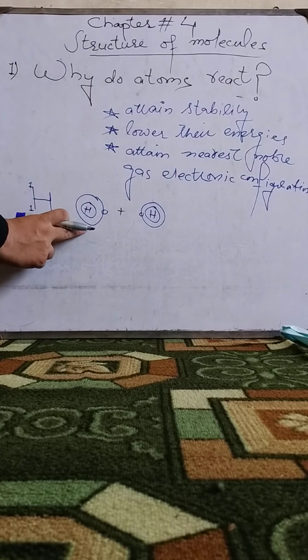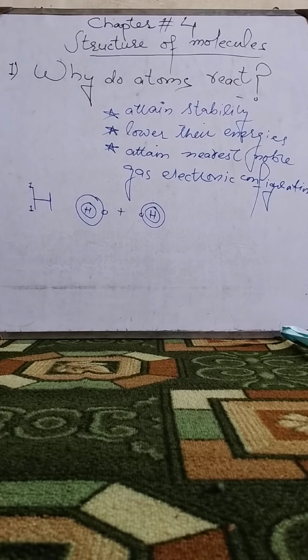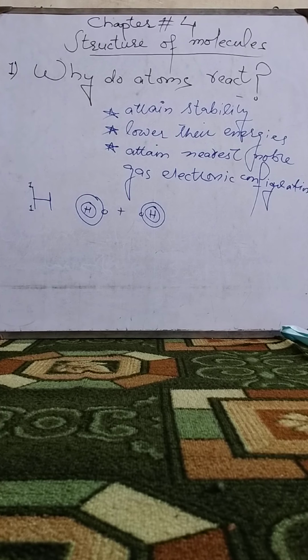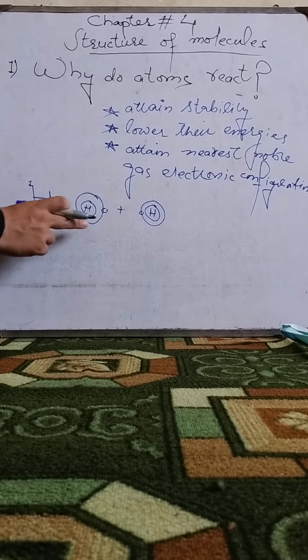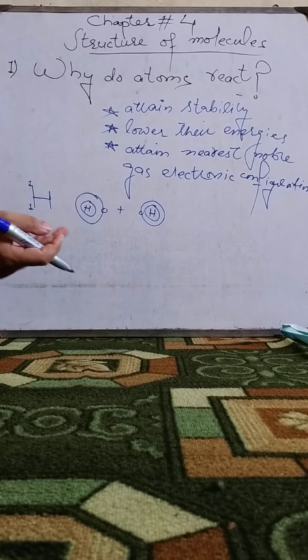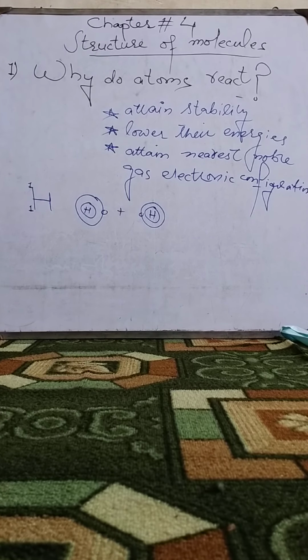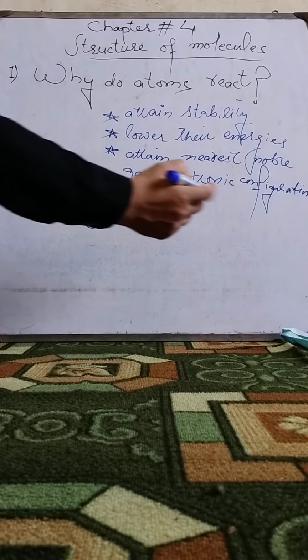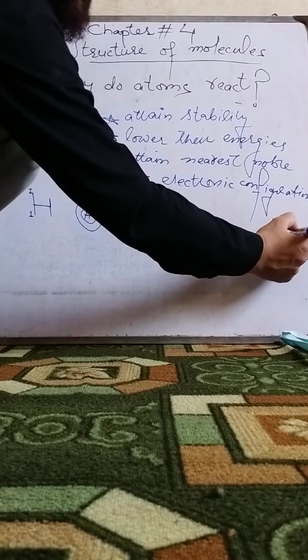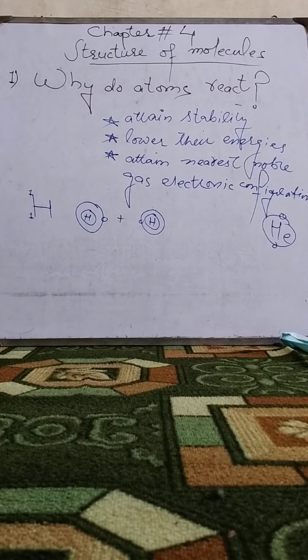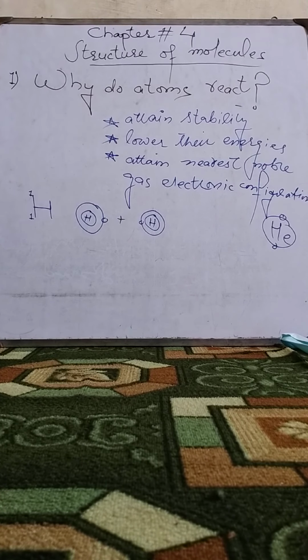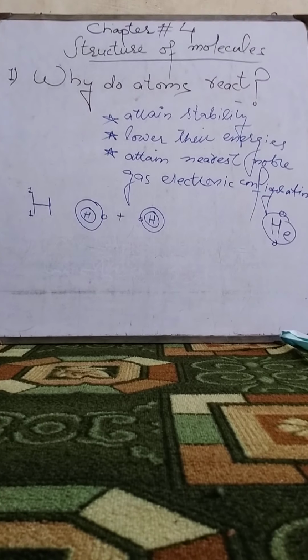Similarly, it wants to lower its energy. This hydrogen has higher energy in its atomic state, and it wants to lower its energy. And the third point, it also wants to attain the nearest noble gas electronic configuration, and the nearest noble gas is helium, which is very stable, having 2 electrons in its shell.